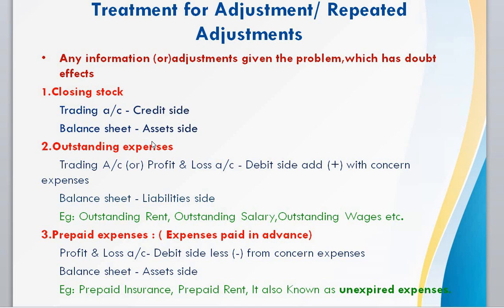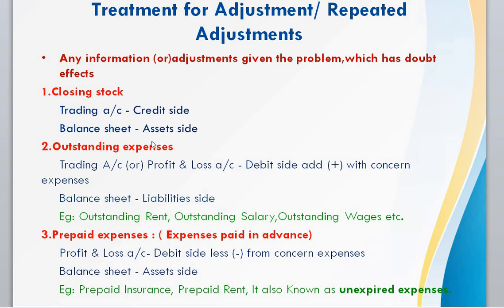Then third adjustment is prepaid expenses. Prepaid expenses means such expenses are paid in advance. For example, prepaid insurance, prepaid rent.